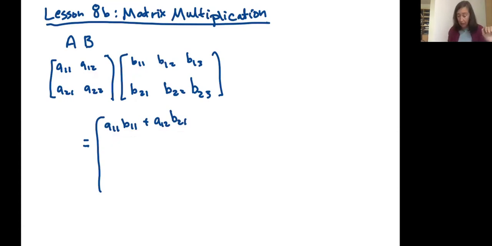Okay, I told you it was going to be weird, and it is. So now to get the first row, second column of the product, I'm still going to have the first row of the lead, but now I'm going to take the second column of the lag. So that's going to be A11 B12 plus A12 B22.